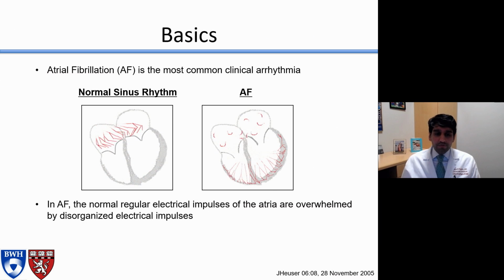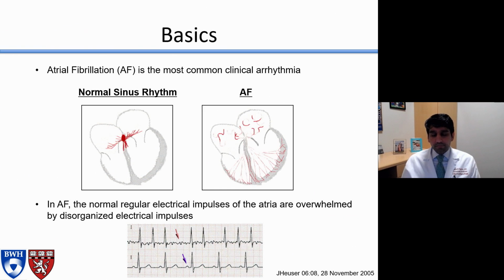What happens in atrial fibrillation is that the normal electrical impulses of the atria are overwhelmed by disorganized electrical impulses. We then get the very classic EKG pattern where the normal P wave, the normal atrial electrical signal, is lost, and on the top EKG, you see in atrial fibrillation that the P wave is replaced by a continuous disorganized fibrillatory wave throughout the tracing.